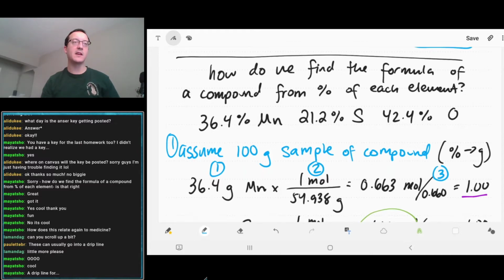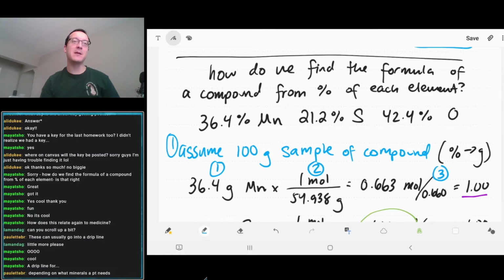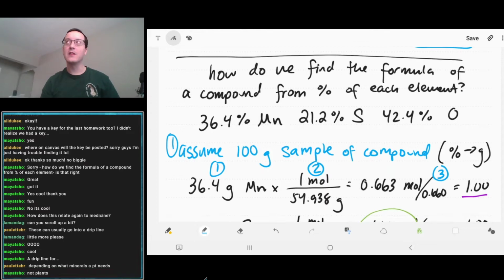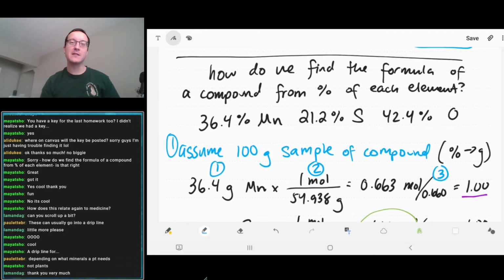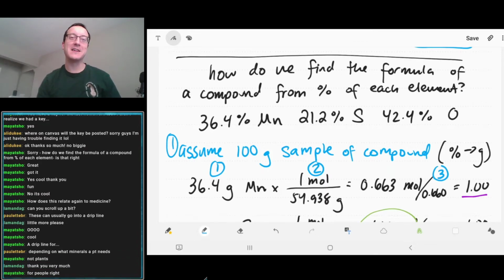So you can use magnesium sulfate for bathing in if you've got sore muscles, or if you want to give yourself diarrhea, you could eat a lot of it. So fun. It could be a good source for magnesium as well, like for migraines or something like that. Oh no, not for plants. Yeah, for people. Okay, cool.